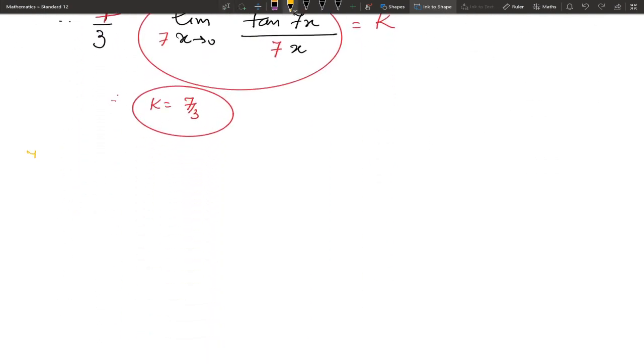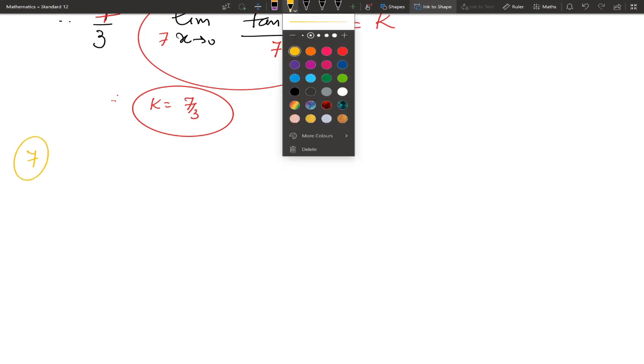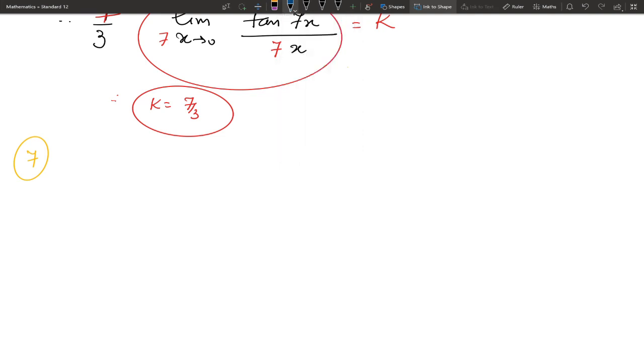We take more examples. Evaluate d by dx of cot inverse x at x equal to minus 3.